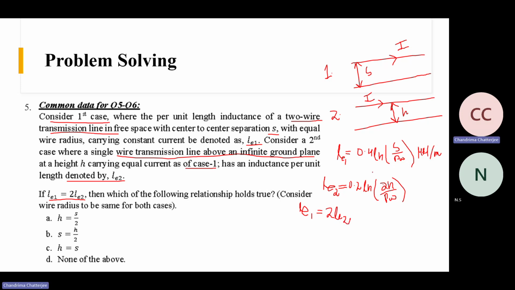So if we equate them, what do we get? 2 ln S upon Rw is equal to 2 ln 2h by Rw.